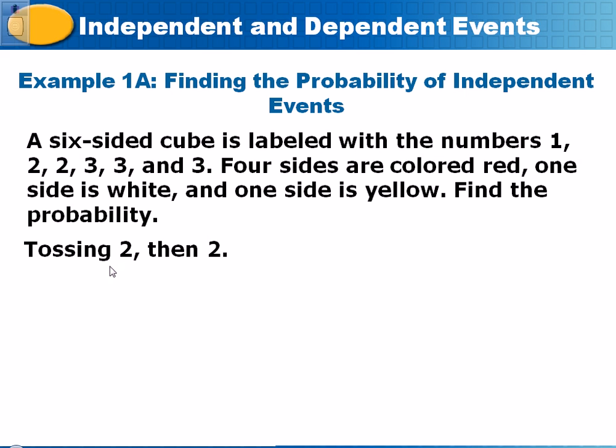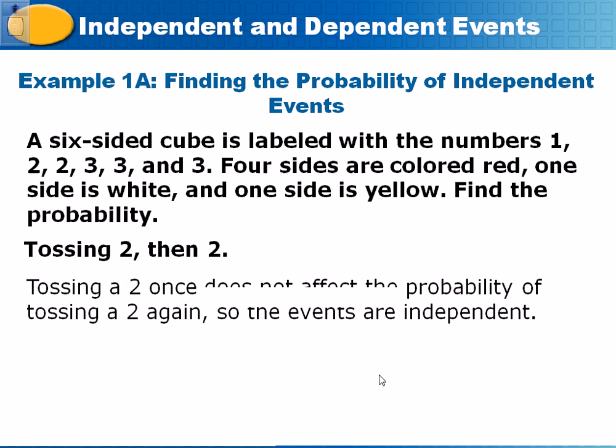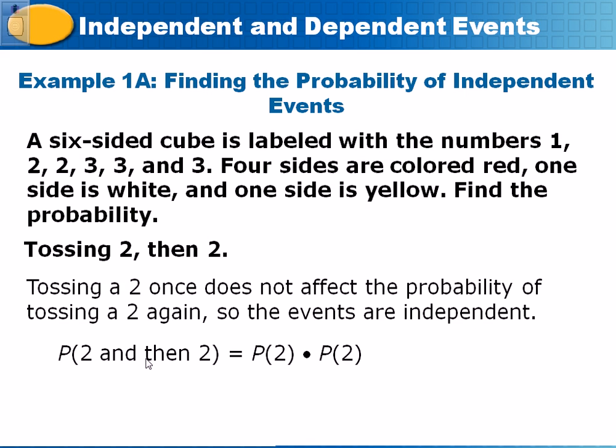Does tossing a 2 on the first toss have any effect on what's going to happen on the second toss? No. So these events are independent. And when our events are independent, we can multiply our probabilities. So what is the probability of tossing a 2 and then another 2? It's just the individual probabilities multiplied.